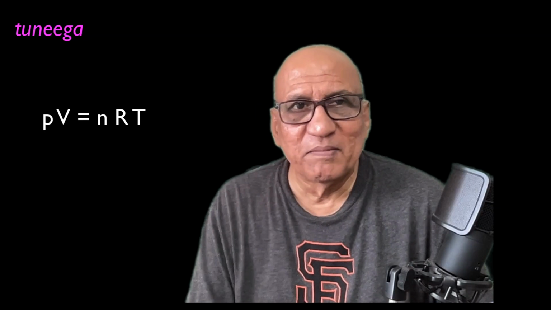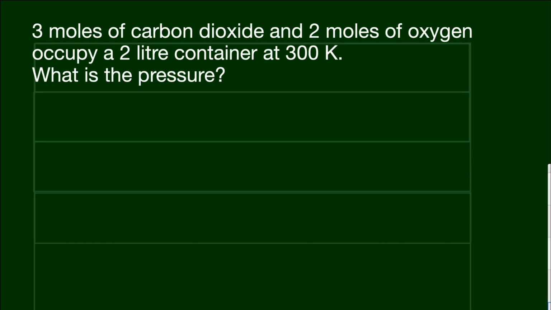So the first problem is the following. We have 3 moles of carbon dioxide and 2 moles of oxygen occupying a 2-liter container at 300 Kelvin. What's the pressure? Let's directly write down: the pressure is P, the total volume is 2 liters, so 2 × 10^-3 cubic meters, we are using SI units.